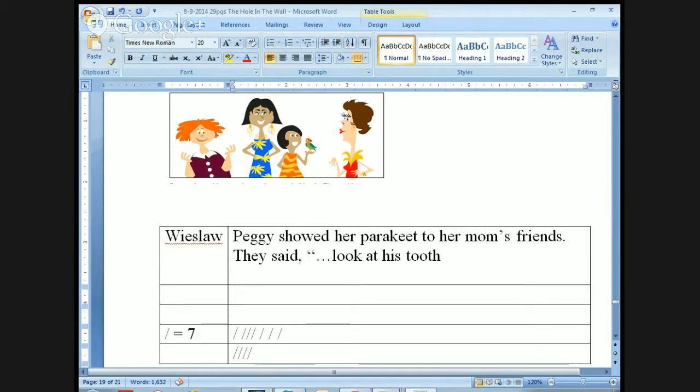The friends were very happy to look how the parakeet fly and sing. Sometimes the parakeet fly between them and landed on their head. Unfortunately, the one friend had a long hair, and the parakeet.